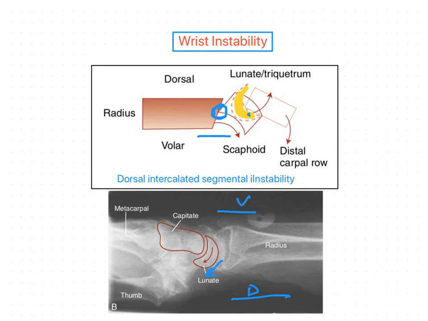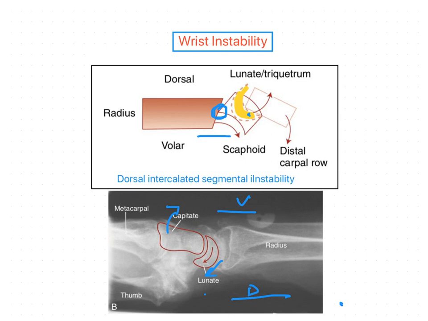So there is a tilt of the lunate and here the capitate, which is present in the distal carpal row, is going to flex, as seen on the volar aspect. So this is also an X-ray of dorsal intercalated segmental instability.